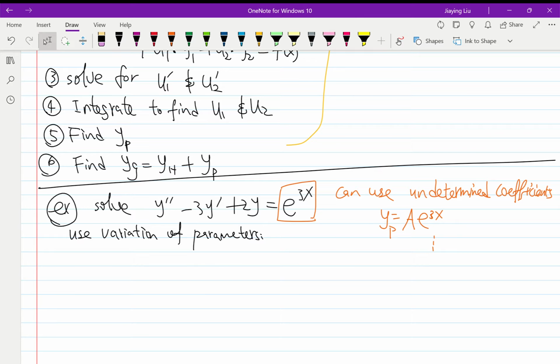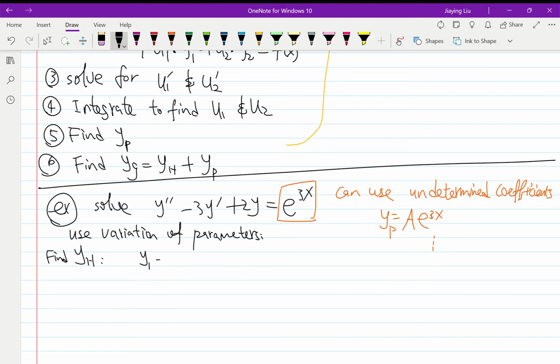So the first thing I'm going to do is find the homogeneous solution, where we use the ansatz e to the lambda x, put it in there, find the characteristic equation, solve for lambda, and then write down the base solutions and the homogeneous solution. I'm going to skip some work.